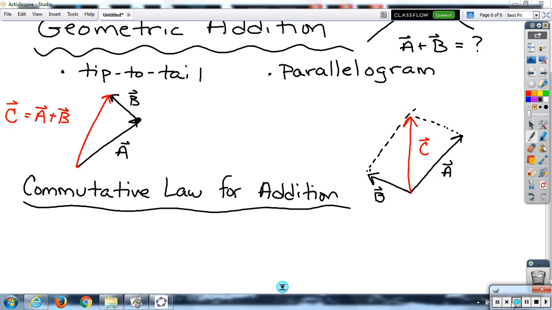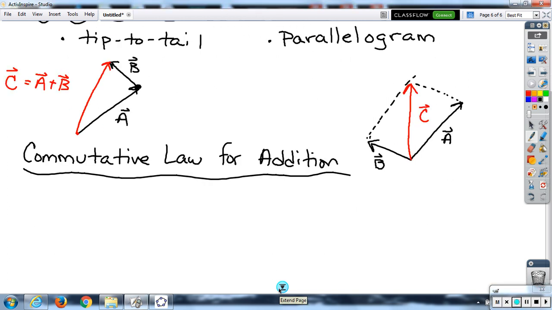So my next question is, do these vectors add together according to the commutative law? You should remember what that means. That means, is this statement true, that A plus B is equal to B plus A?